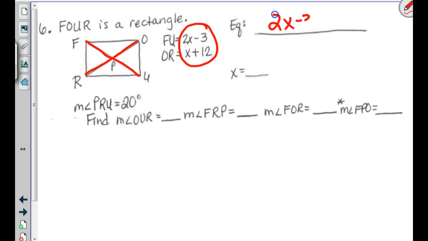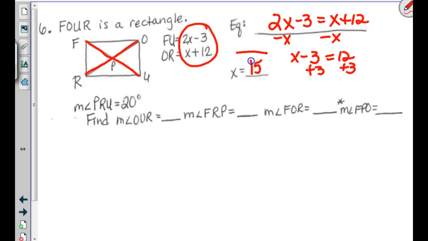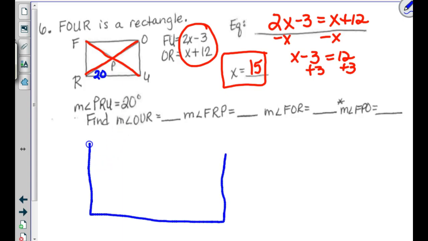So we have 2x minus 3 equals x plus 12. So we get x equals 15, and we did that. But then it talks with the same picture, because I don't have a lot of extra room. It says PRU is 20 degrees. PRU is down here. All right, I'm going to redraw it a little bit bigger so that we can talk about all these.